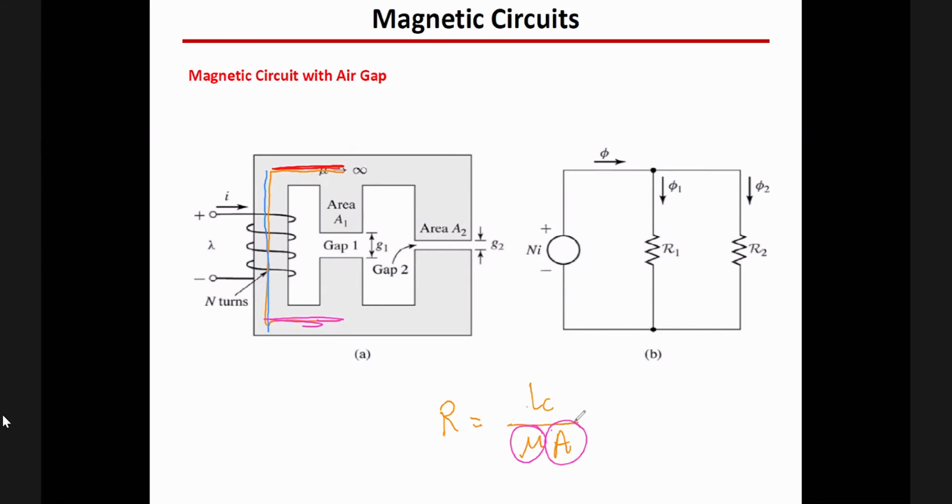Let's assume that the cross-sectional area here is different than the cross-sectional area here. Then you represent this as one reluctance. You say that this is R, and you represent this as another reluctance, which is another R. And here is also one reluctance.